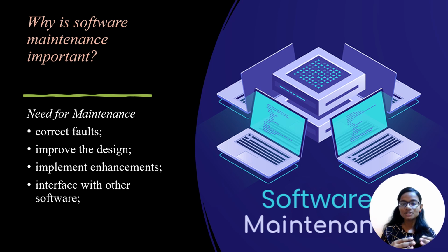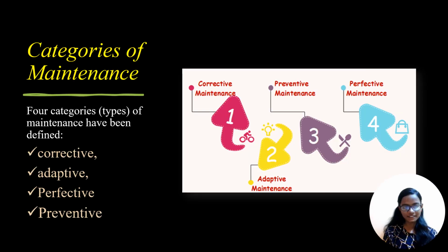As technology changes so fast, the software must be able to keep up with market changes and demands. So maintenance is needed to ensure that the software continues to satisfy user needs according to the changing and future environments. Now we will see the categories of maintenance.